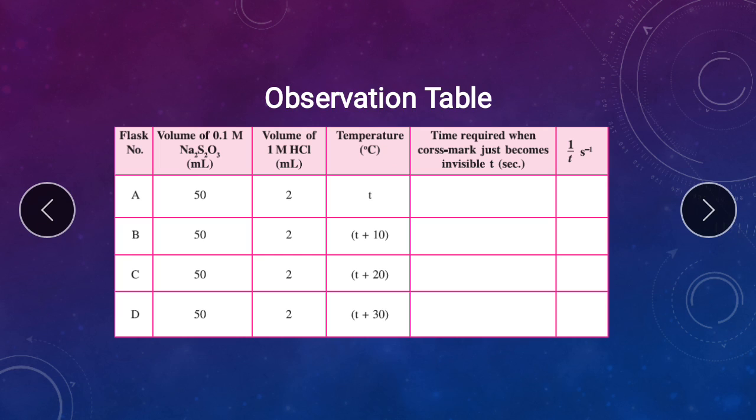First take 4 conical flasks and label them as A, B, C and D respectively.